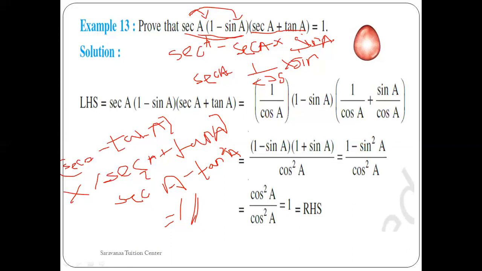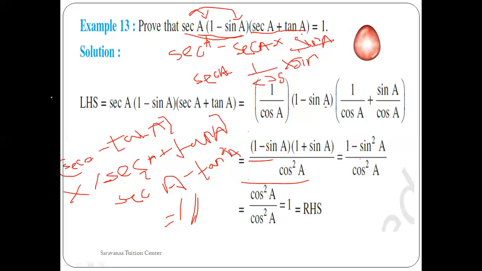You can also do, this is the second method, that is changing secant A into 1 by cos A in the first step itself. Then you need to change every secant A by 1 by cos A and tan A as sin A by cos A. Then take the 1 minus sin A by cos A into 1 plus sin A by cos A. Cos A, cos A, cos A. You need to take everything common and you get 1 minus sin square A by cos square A. So 1 minus sin square A equals cos square A. This identity, sin square A plus cos square A equals 1.